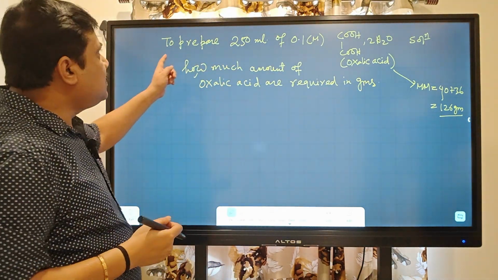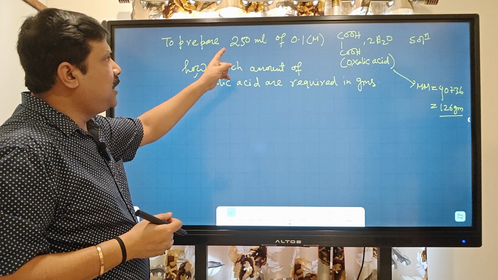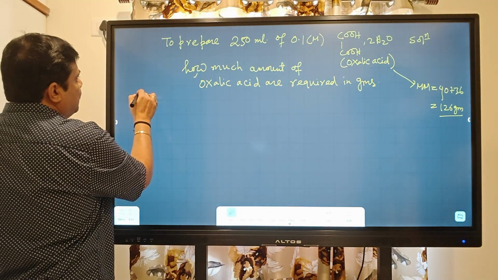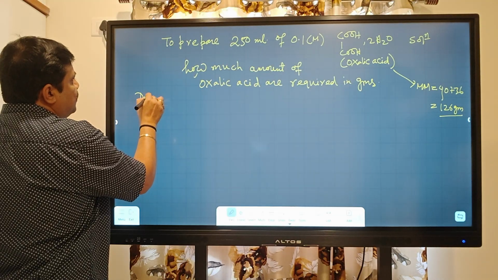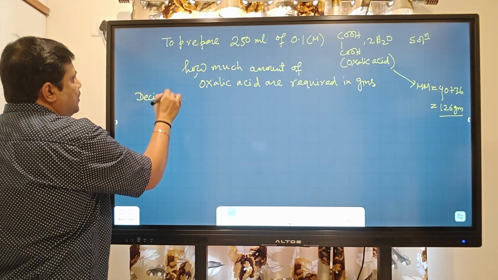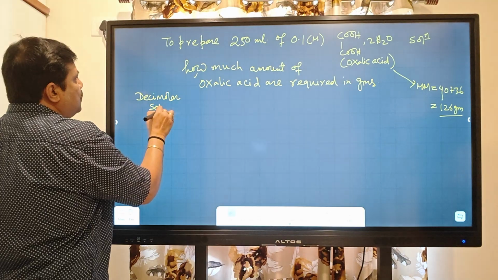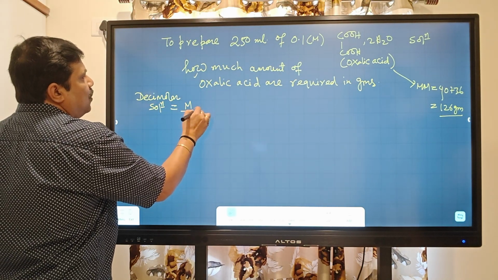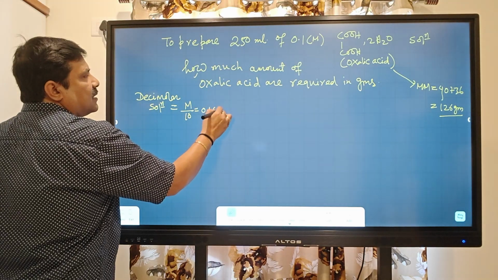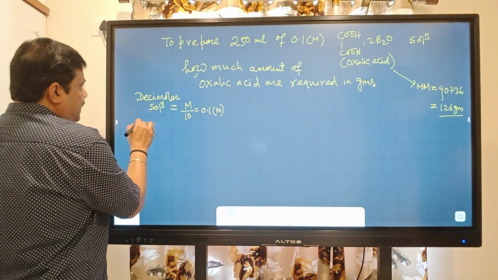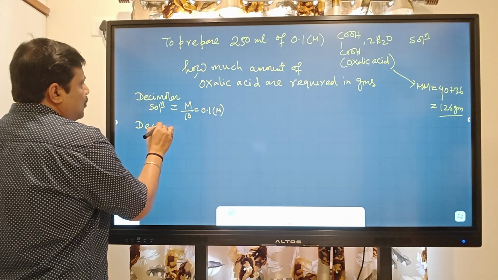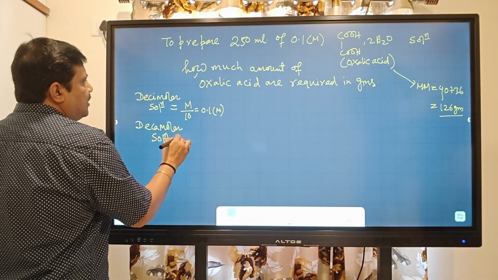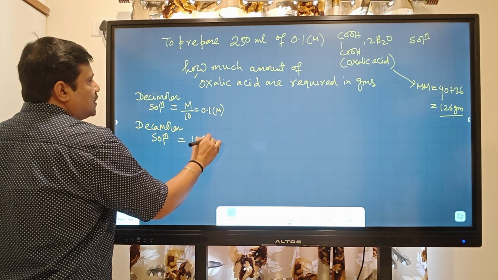Now they are asking, I have to prepare 250 ml of 0.1 molar. Here itself, another important point I am telling you, just remember always: if they say decimolar solution, it means M by 10, and they will write it as 0.1 molar. Whenever they say decamolar solution, you need to know it is nothing but a 10 molar solution.